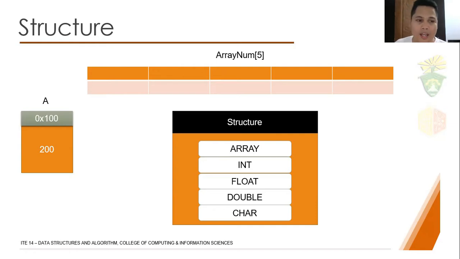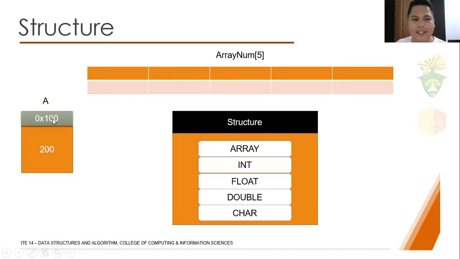We have discussed that the way a variable is created in our RAM, or random access memory, is that the computer manages the memory by dividing it by 1 byte, then assigning a memory address per byte.